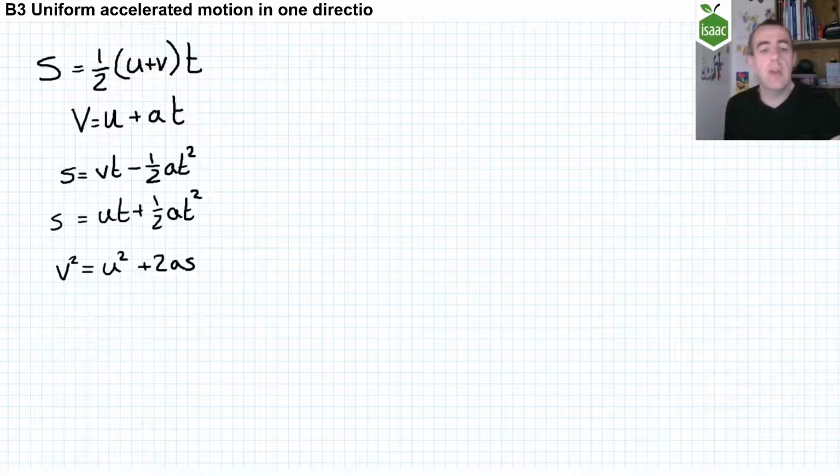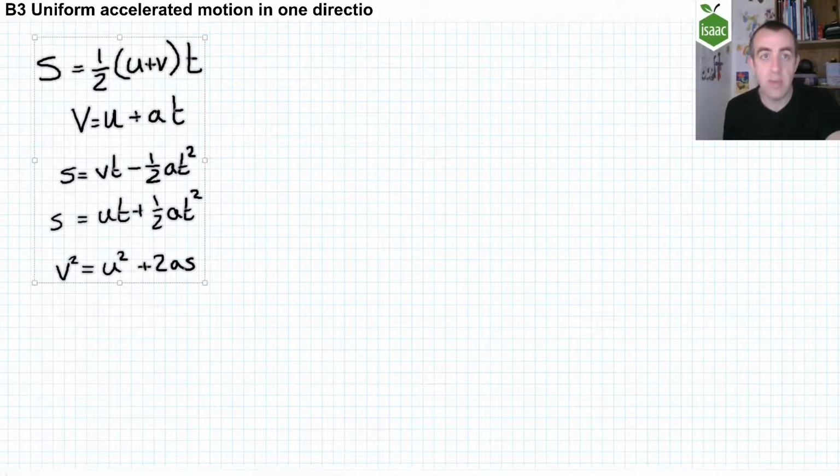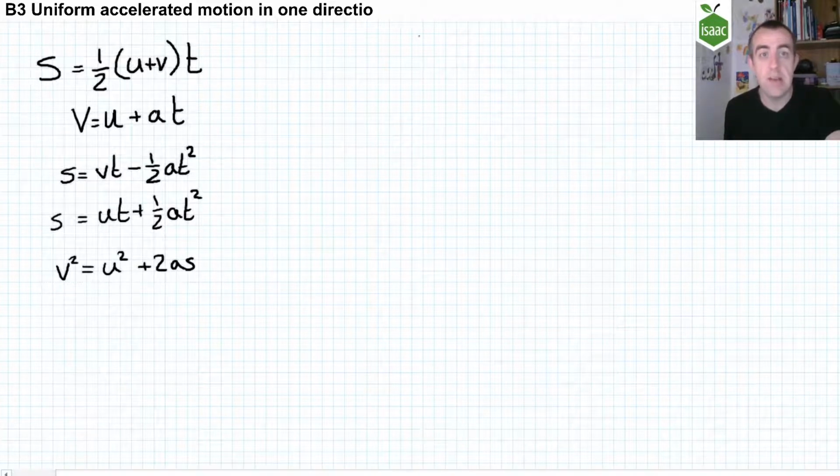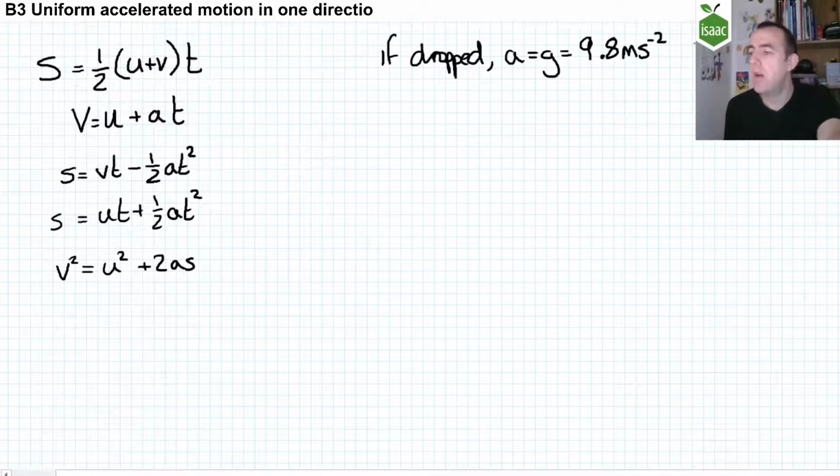For example, if the question refers to a body being dropped, we have to assume that the acceleration is the acceleration due to gravity, which is given as 9.8 meters per second squared. The second trick is that if your body is being dropped, then its initial speed is 0, and the question won't necessarily make that obvious.